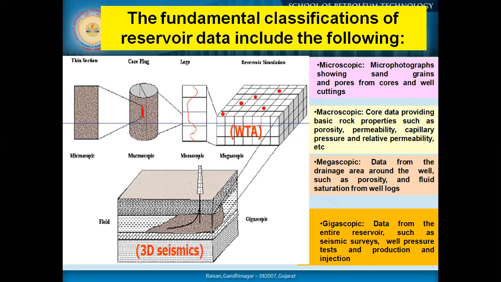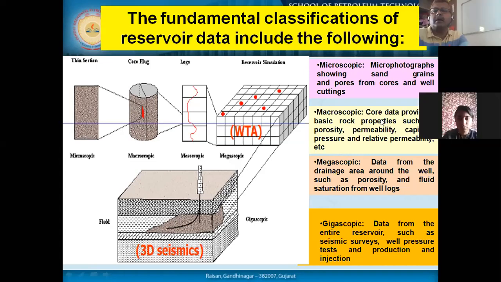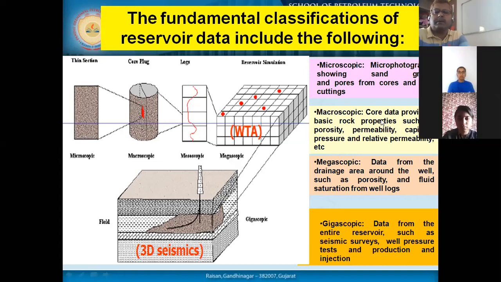Who joined, Suman or Ali? Hopefully four are there. I can see only three of us.